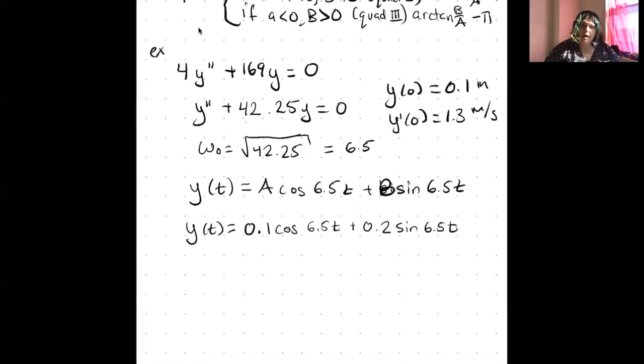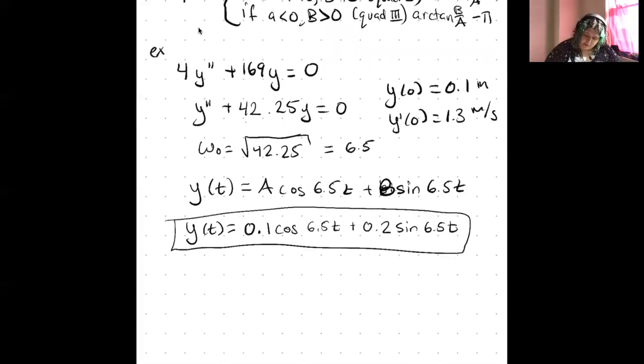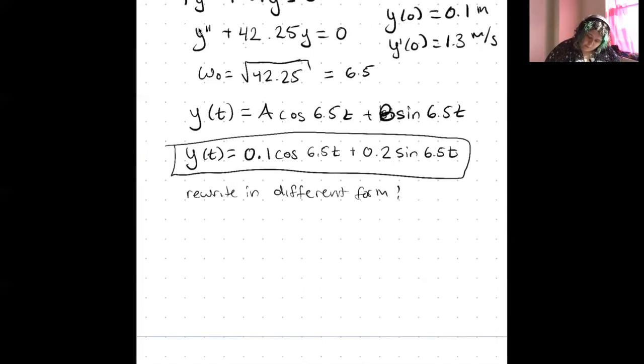Now that we have all of our values in this equation, we want to rewrite it in the form y of t equals d cosine omega naught t minus phi.